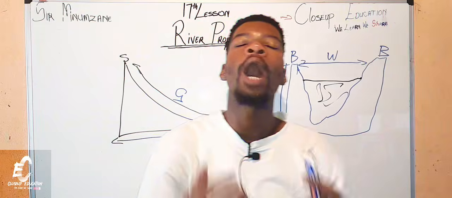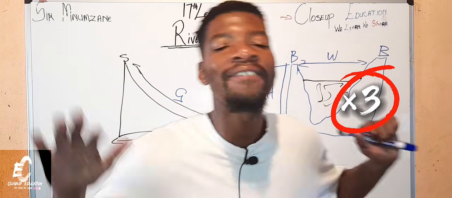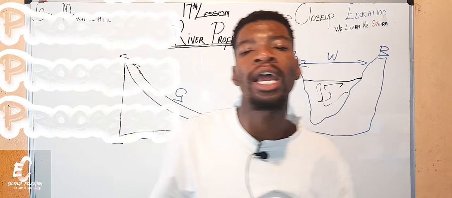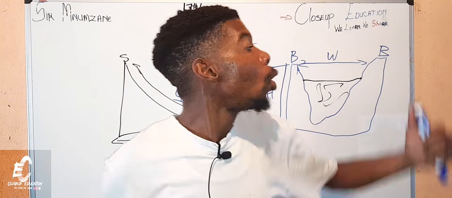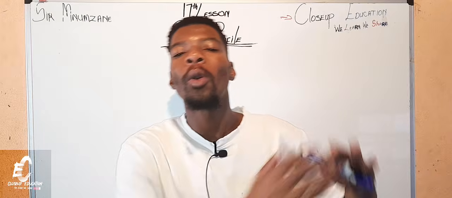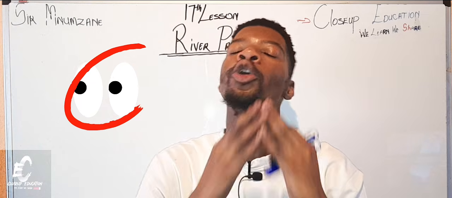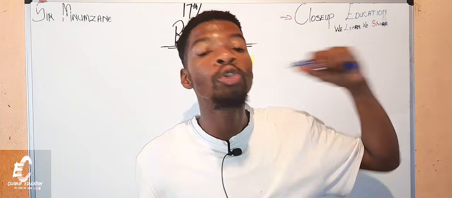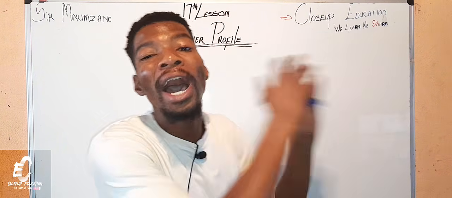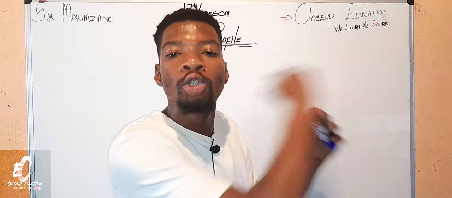All right, guys, now we are moving to our 3 different courses, and obviously the processes as well. Make sure you stay tuned while I wipe this board. Okay, now we are moving to our 3 types of river courses. For you to better understand them, we use the very same profiles we used to differentiate.